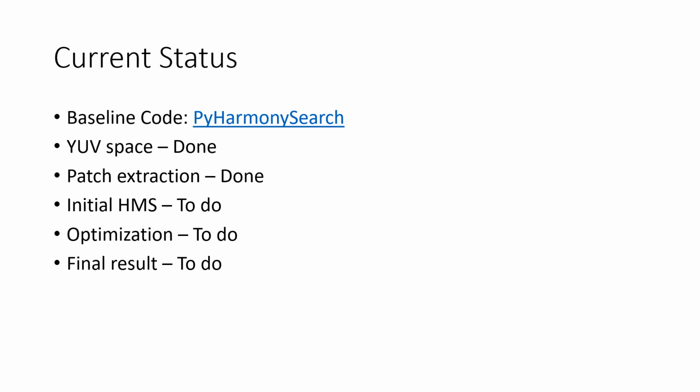So that is the proposed model for my optimization theory class. If you have any questions, please ask me, and I will try my best to answer them. And I will focus on the initial harmony search matrix and optimization for the next 1 week.